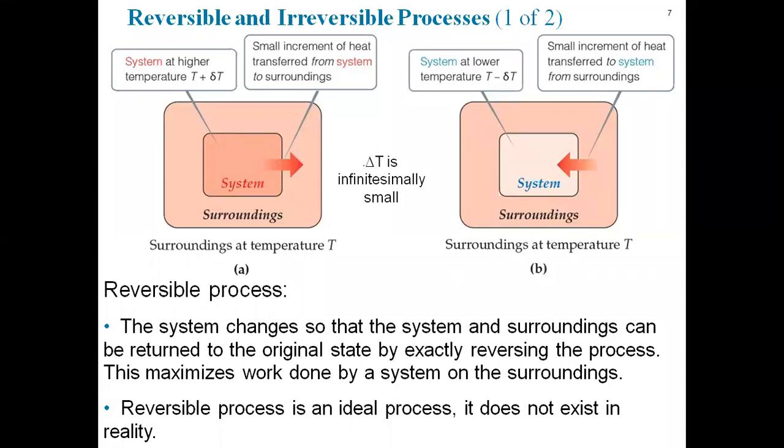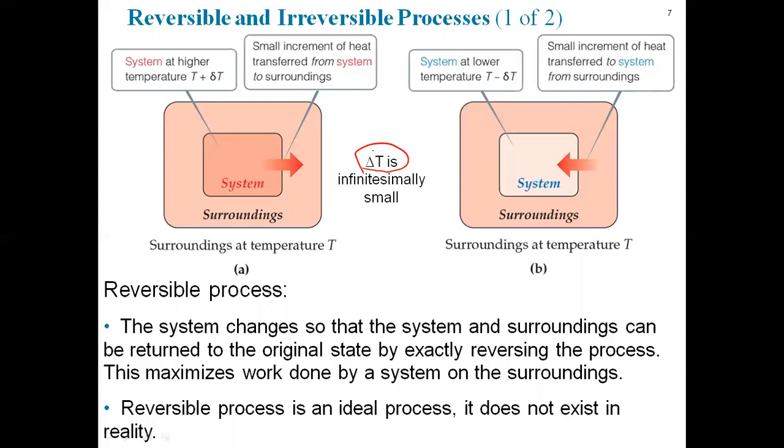We call that delta T. We make delta T infinitesimally small, so the heat exchange between system and surroundings is so slow. That's why in reality it does not exist.